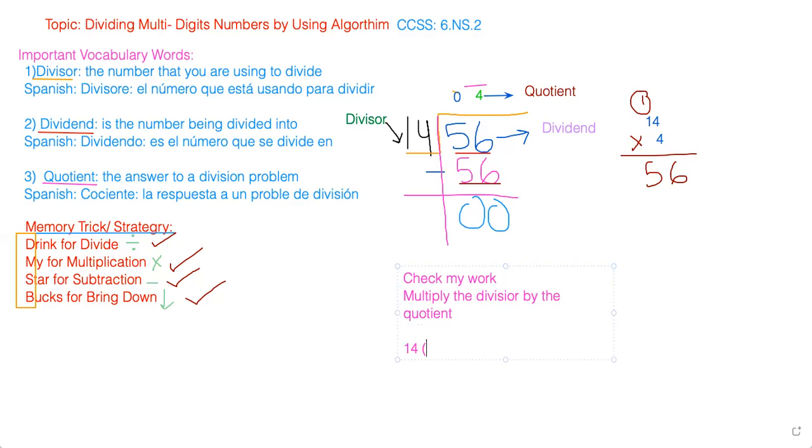So the 14 in this question was my divisor, outside the house, and the quotient, the answer to the division problem, is the 4. So now I have to multiply 14 times 4, and I should get the number above the quotient.